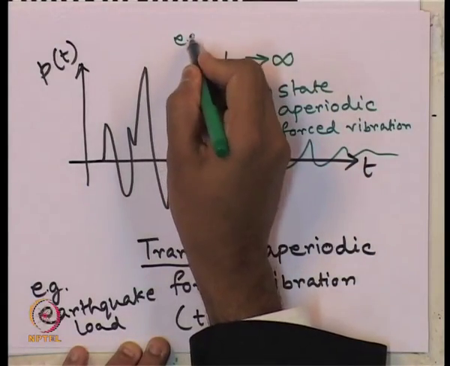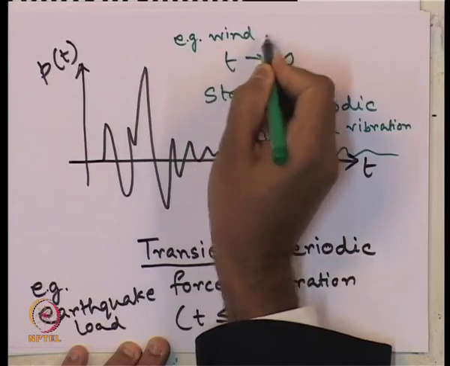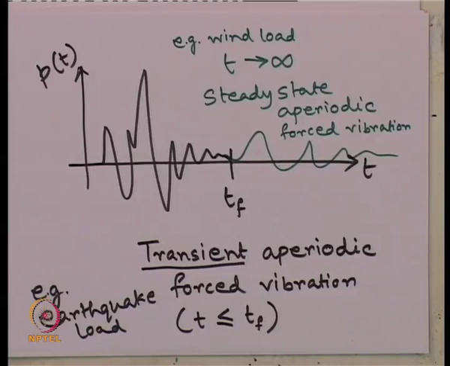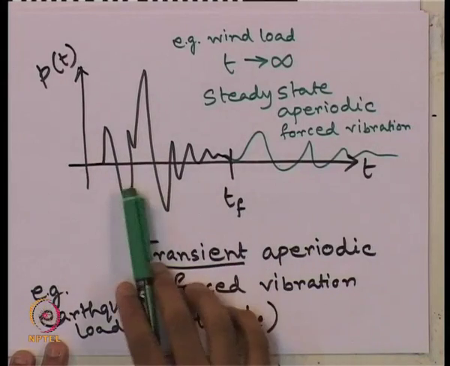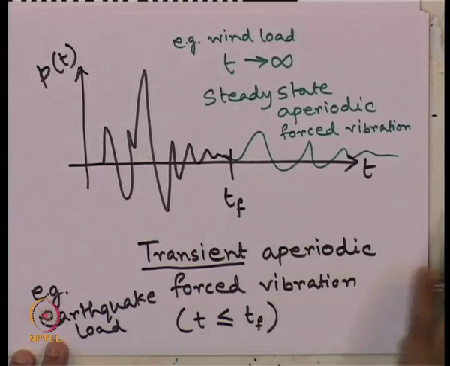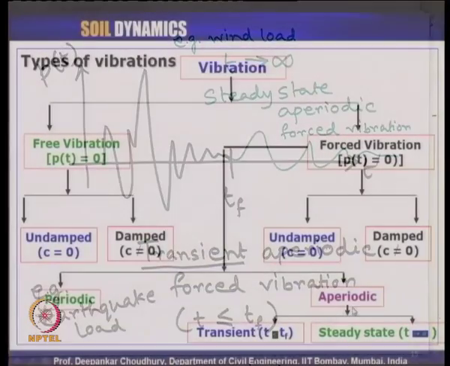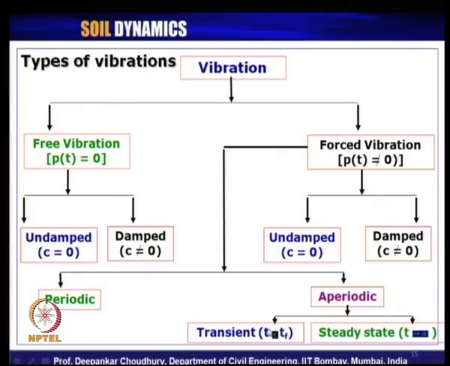The example for that can be wind load, because generally we consider wind load to keep on acting on the system, that is, the dynamic load where the load varies with respect to time for an infinite time. So, in the slide, aperiodic forced vibration has been subclassified as transient when the time for which the dynamic load is acting is a finite amount of time, whereas it is called steady state aperiodic forced vibration when that applied time duration tends to infinity.